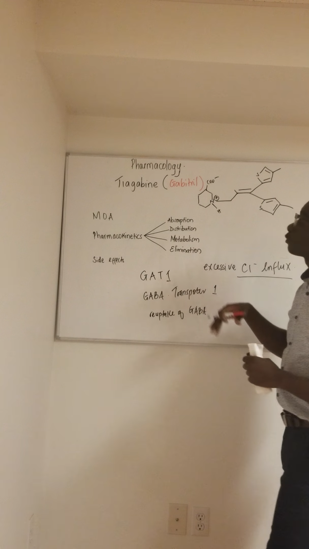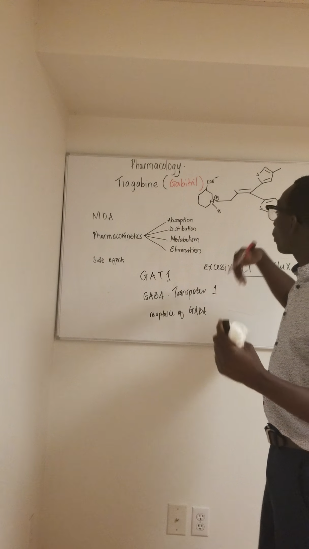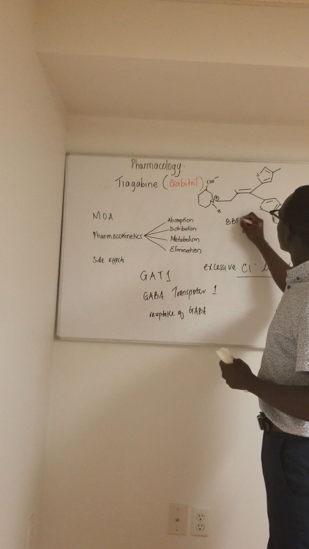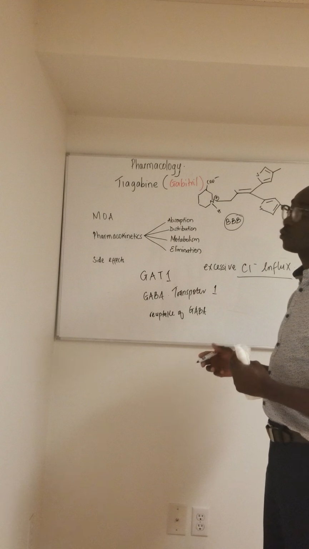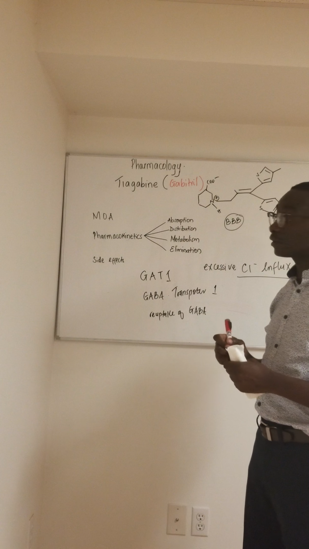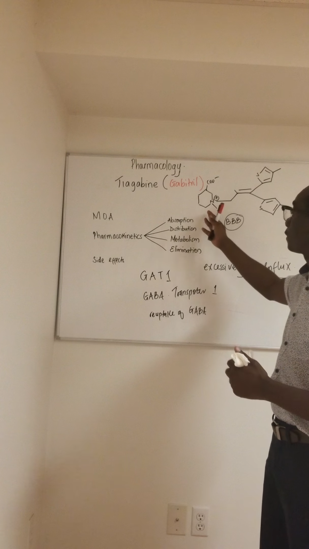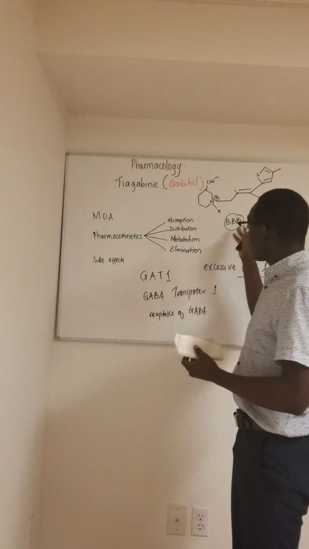You see that this molecule is polarized, so it has the ability to cross the blood-brain barrier, the BBB. So it can cross the blood-brain barrier and have its mechanism of action in the brain.